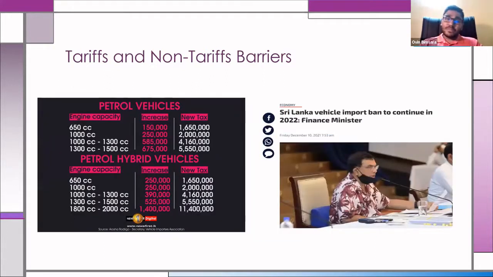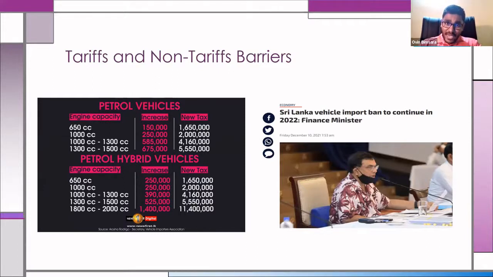And this is a simple example for tariffs and non-tariff barriers. Before 2020, the COVID-19 pandemic was not there in Sri Lanka, and things were quite stable, not that stringent.